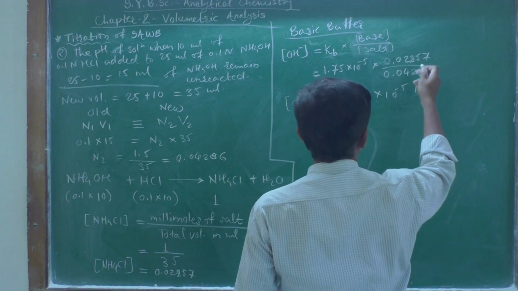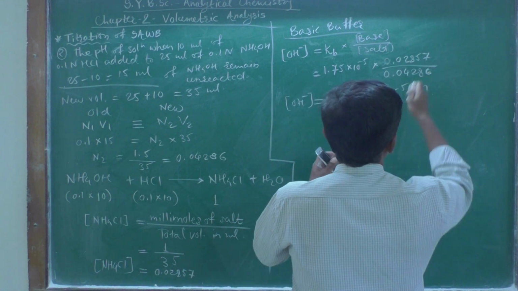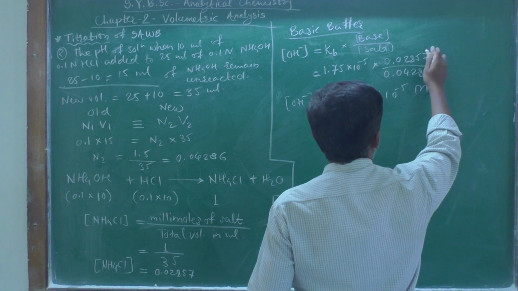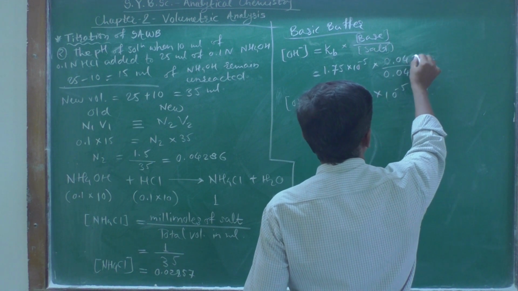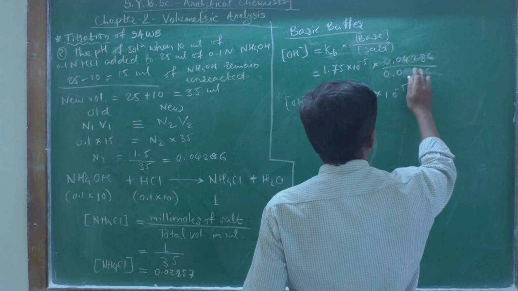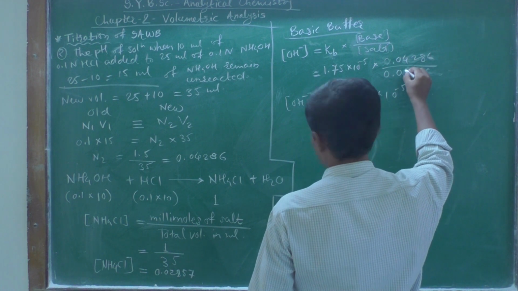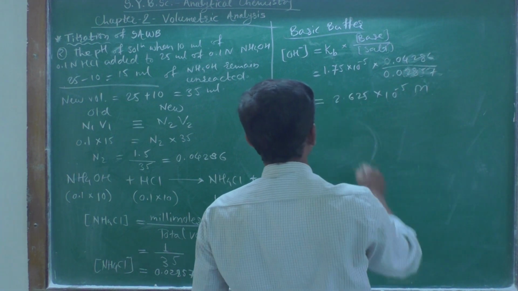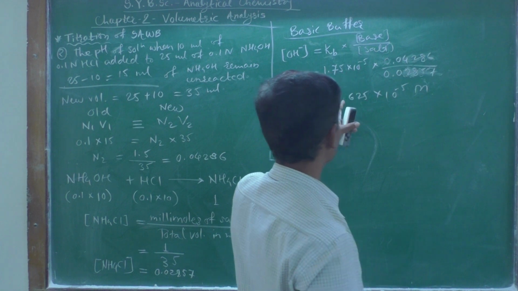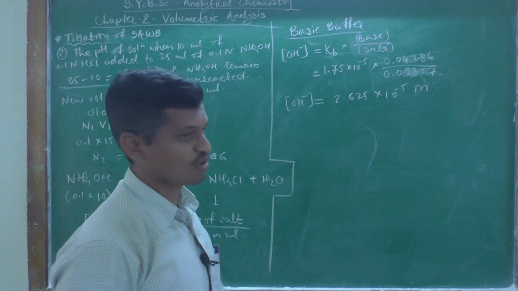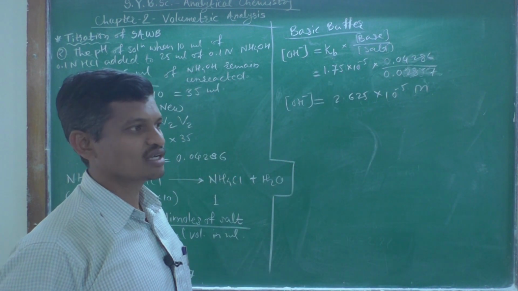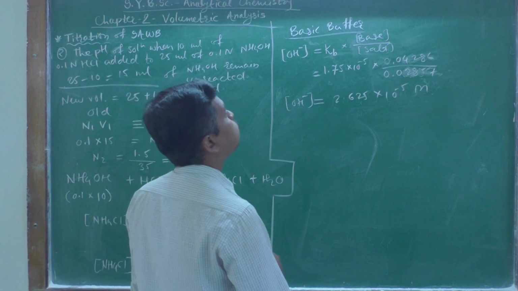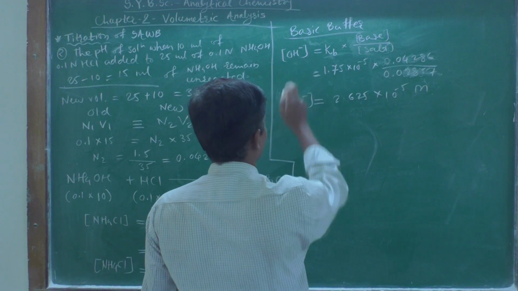So these figures will get reversed: 0.4286 and 0.2857. Okay, and the answer for the OH minus concentration is equal to 2.625 into 10 raised to minus 5 molar. So you will need a calculator at every stage of this calculation. Keep in mind this formula.